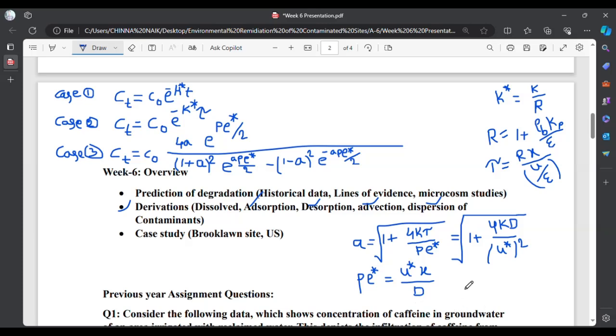Again here, tau we can write as horizontal distance divided by seepage velocity.